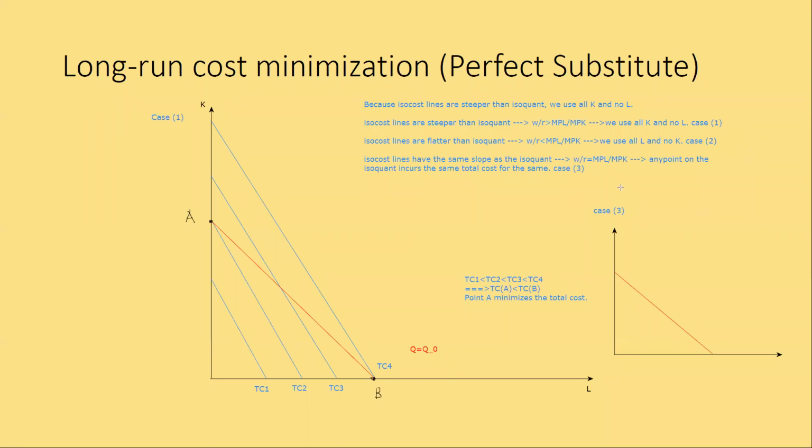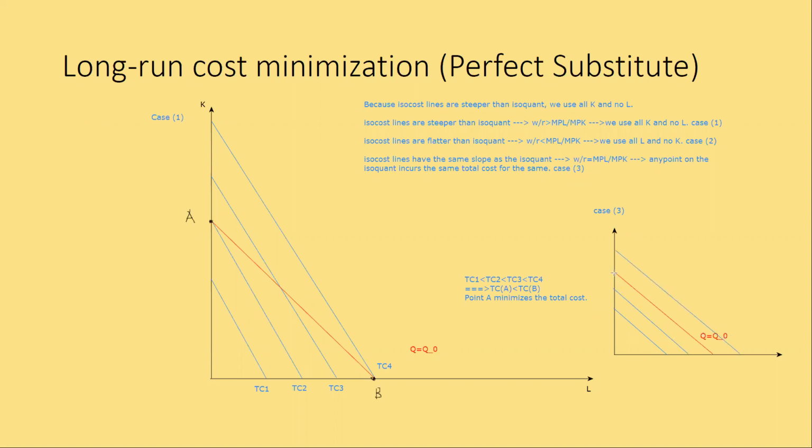This is our isoquant. Now, if the slope of the isocost lines are the same as that of the isoquant, then when we draw the isocost, they are going to be parallel to our isoquant. So we have these isocost lines.